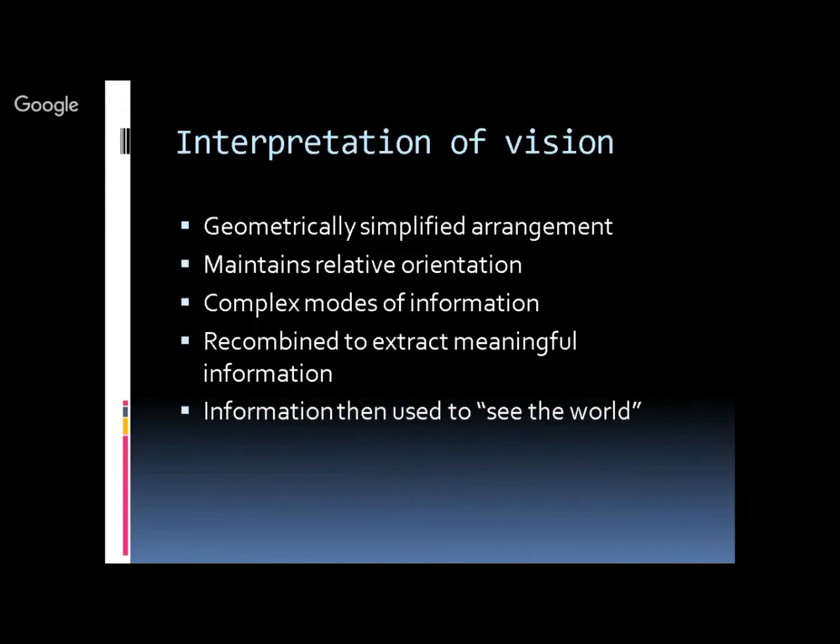There are many different modes of information being interpreted. You've got light, color, edges and direction, and movement as well, in addition to static direction. And then they recombine into what we think of as vision, and maybe there's some variability as to what that actually is from person to person.